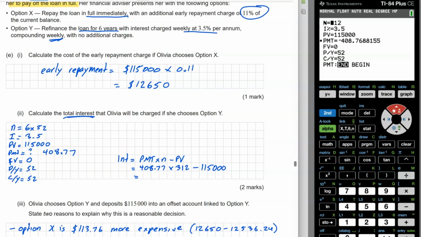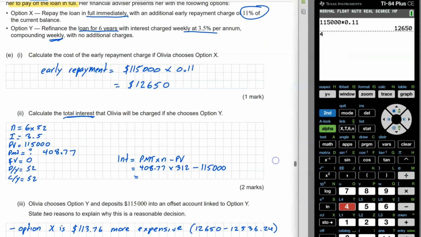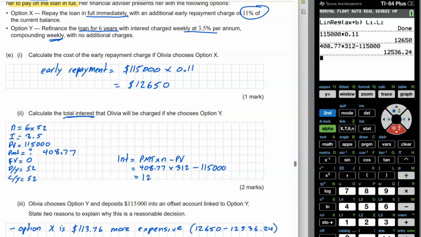So in our calculator, it's 408.77 times 312, take away 115,123 zeros, and we end up with 12,536.24.